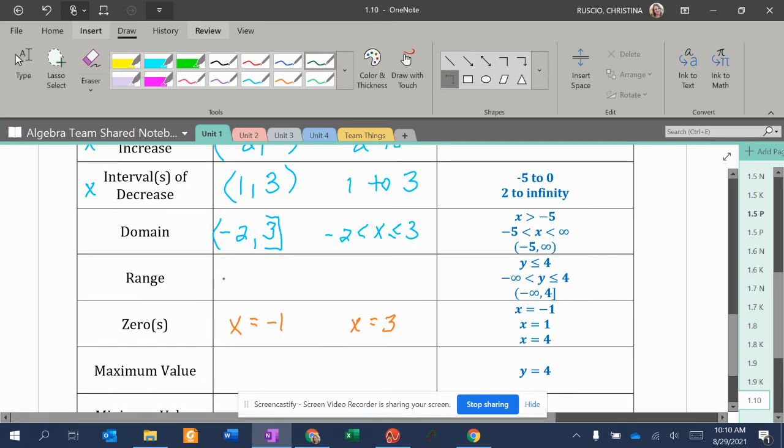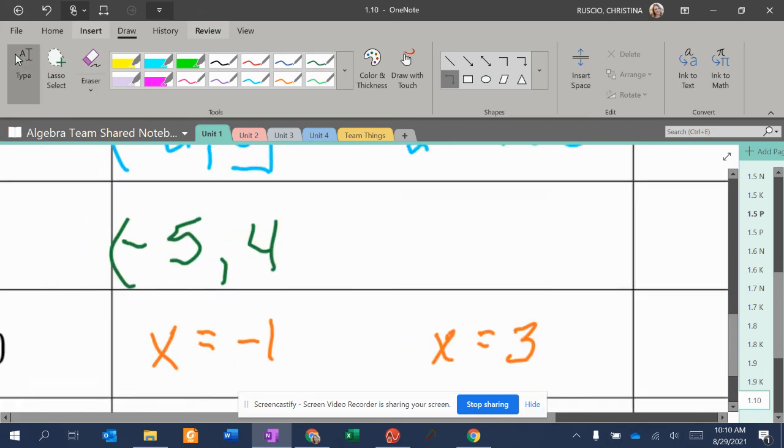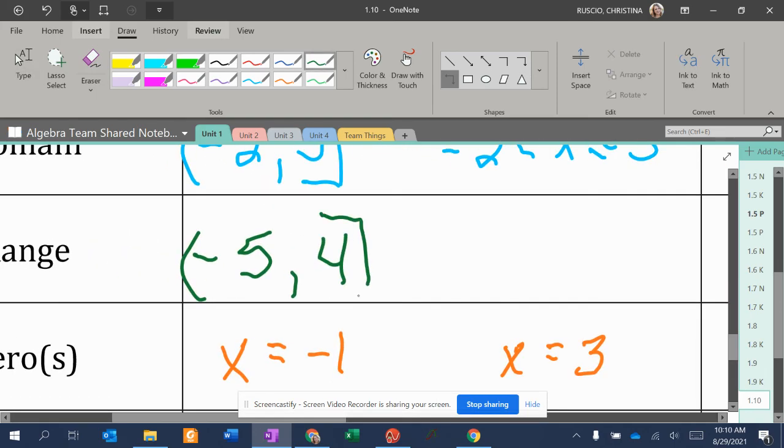So my range is from -5, that's an open point, to +4, and that is a closed point. Or we can write this as inequality notation: -5 is less than y is less than or equal to +4.